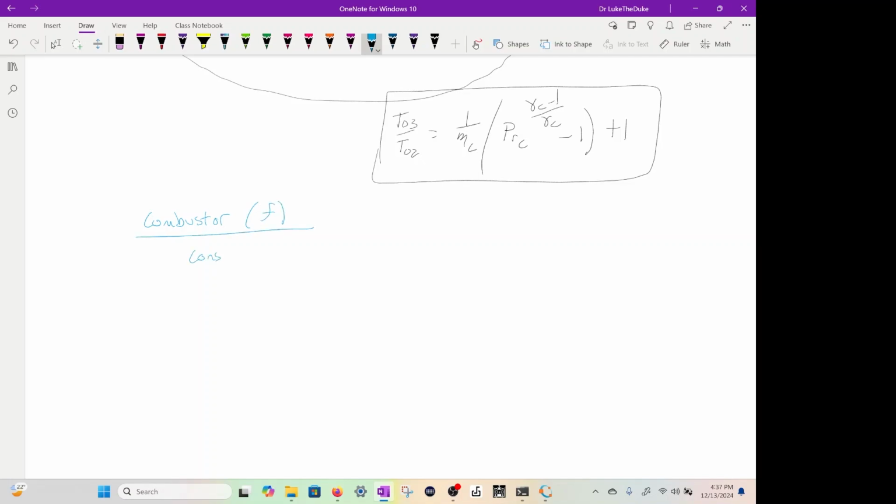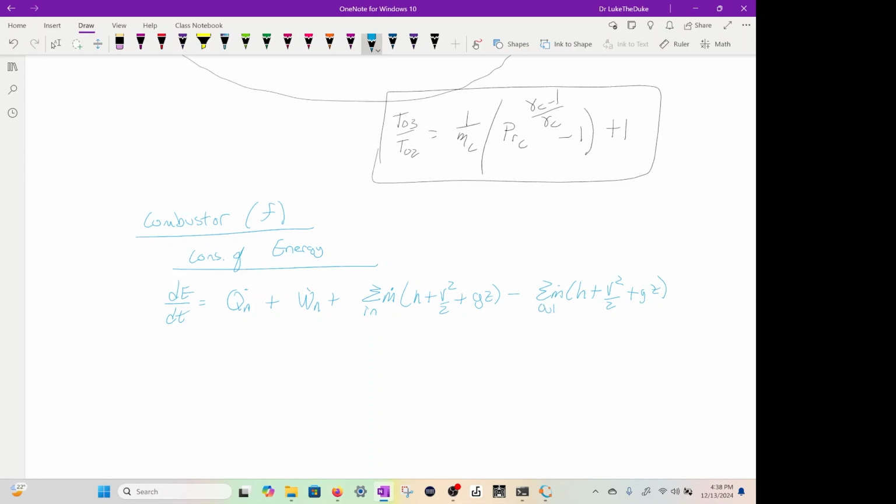Let's look at the conservation of energy, which is dE dt equals q dot net plus w dot net plus summation of m dot h plus v squared over 2 plus gz in minus summation of m dot h plus v squared over 2 plus gz out.